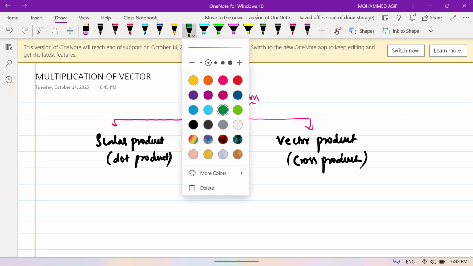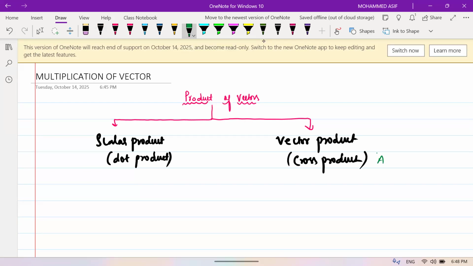Cross product is represented by A bar cross B bar, and dot product is represented by A bar dot B bar.